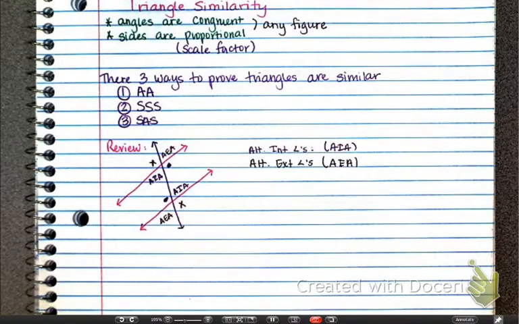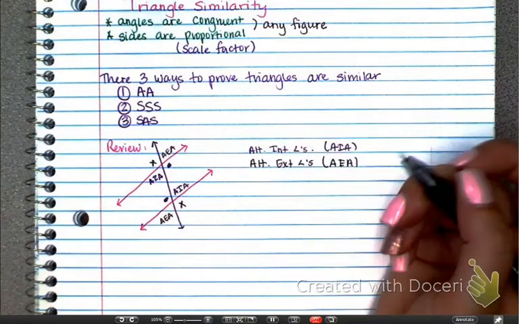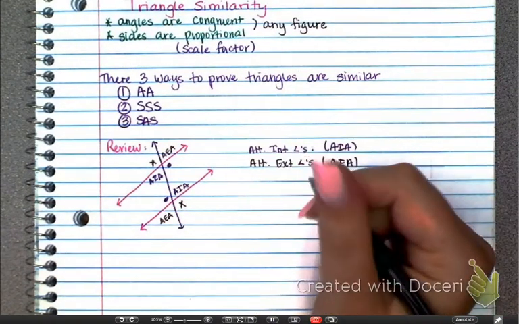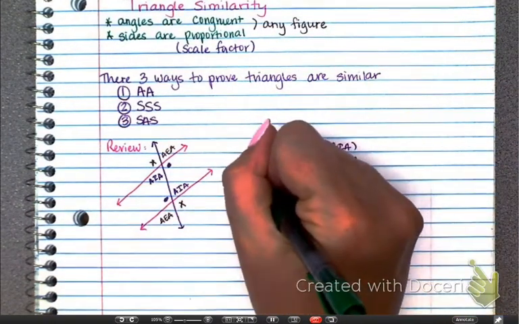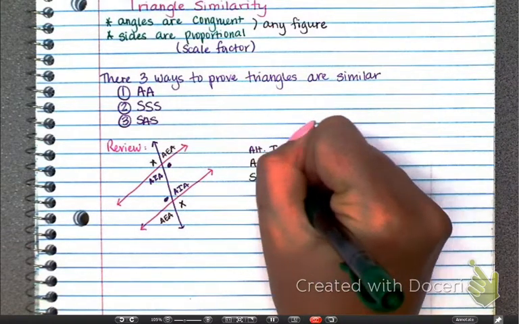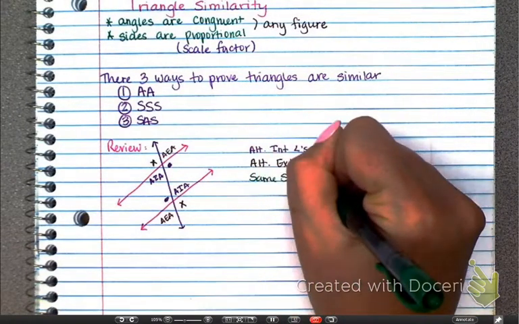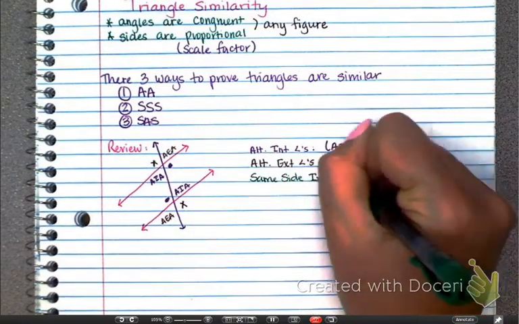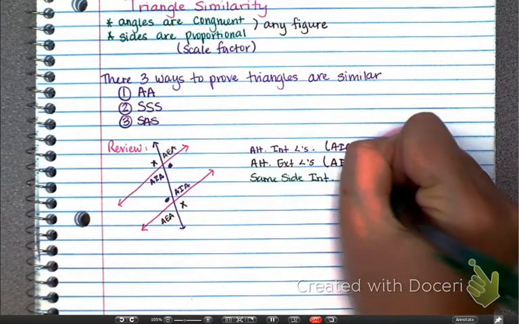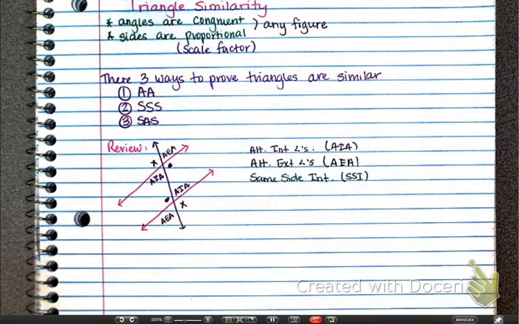Someone remember another one? Okay. Your teacher used consecutive interior? I use same side interior. Same thing. Consecutive's fine. Same side interior. I like same side interior because it tells you they're on the same side of the transversal inside the parallel lines.